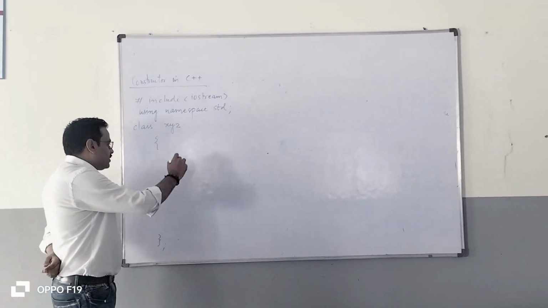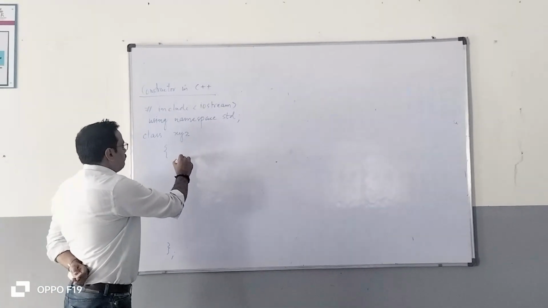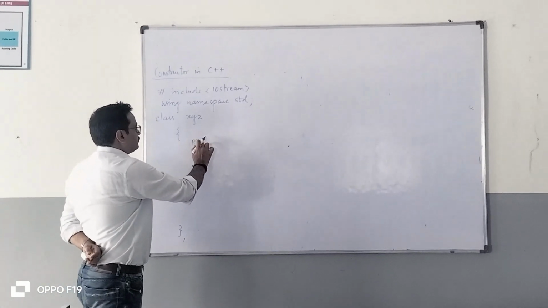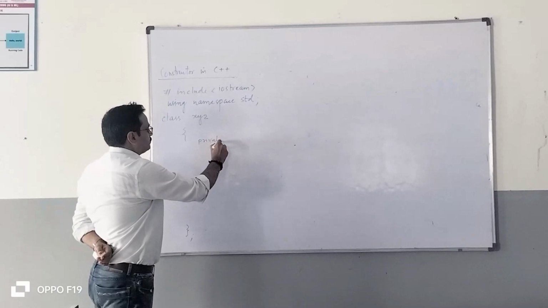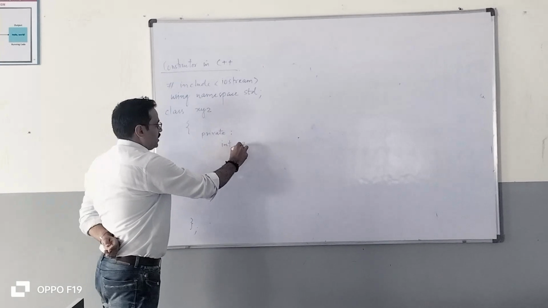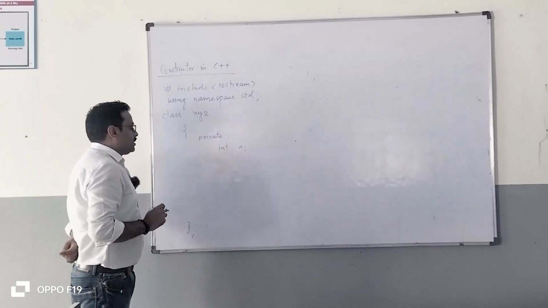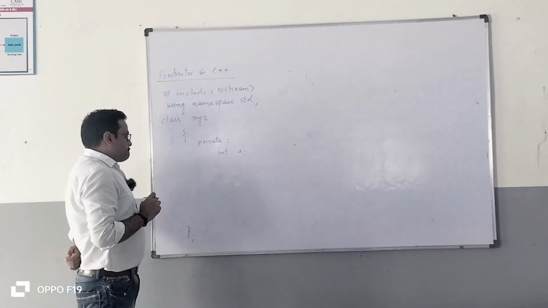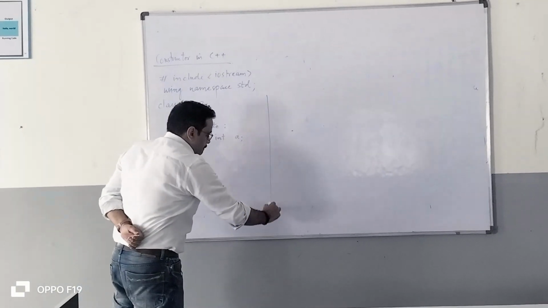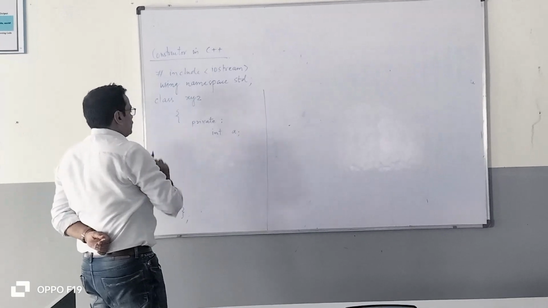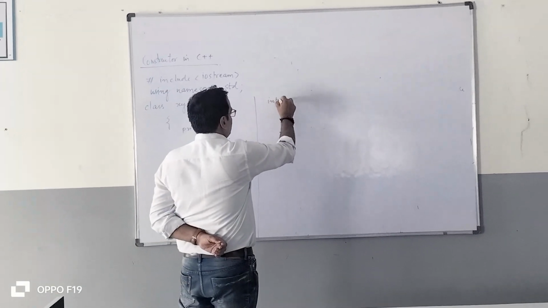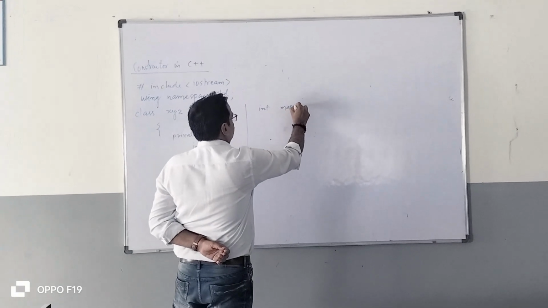Let me have a private data member here, int a, and suppose I am going to create an object of this class inside my main function.